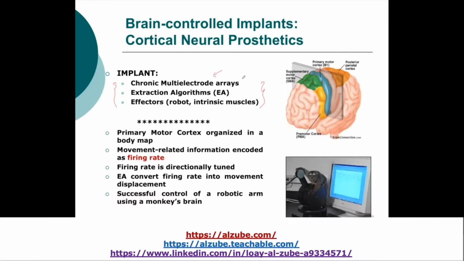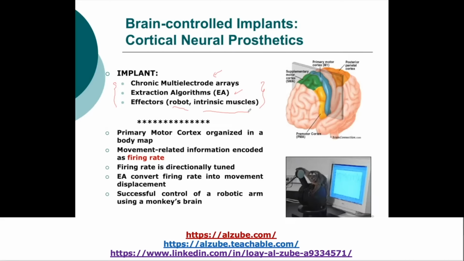If you are also into programming, coding and artificial intelligence, there are a lot of opportunities in developing extraction algorithms. So if you're interested in graduate school, extraction algorithms are now becoming a very popular research topic. And if you like to work in instrumentation, working with effectors, designing robotics and artificial muscles is another topic where people are investing time and money.